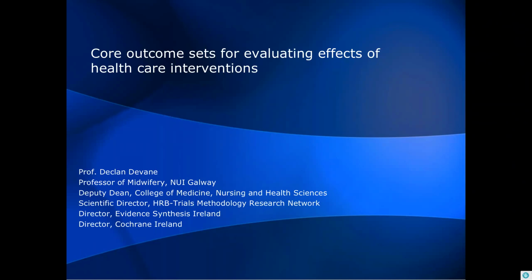First thing I'd like to acknowledge colleagues in the COMET initiative, which we will be talking about later on, but this is an international initiative focused on the development of core outcome measures in effectiveness trials, and indeed it has progressed beyond effectiveness trials into other types of study designs. We'll talk more about COMET initiative later on as we go through the presentation.